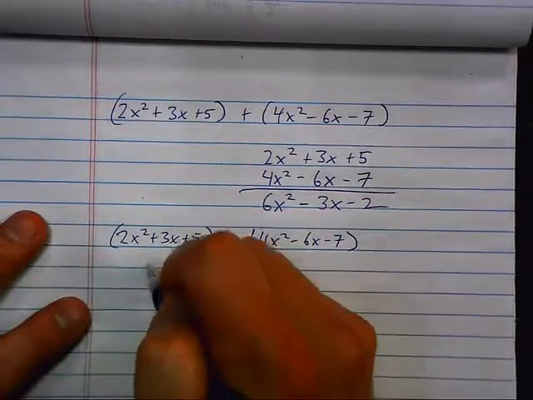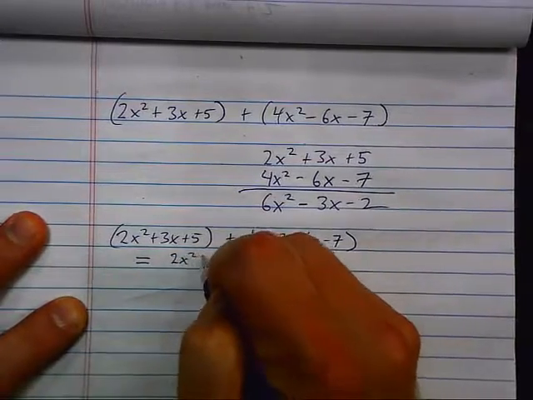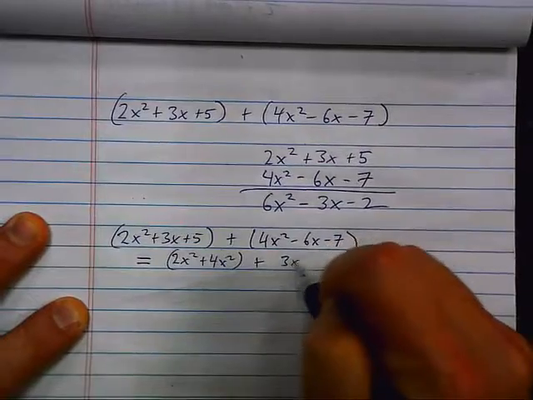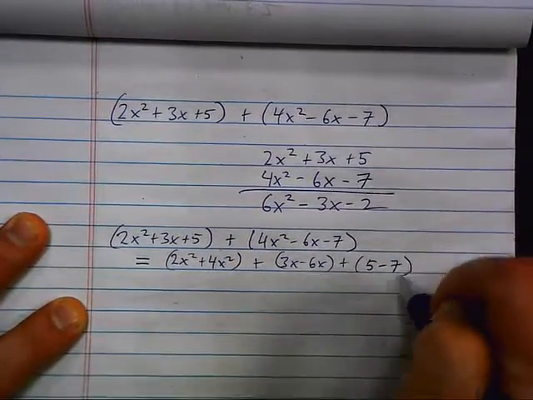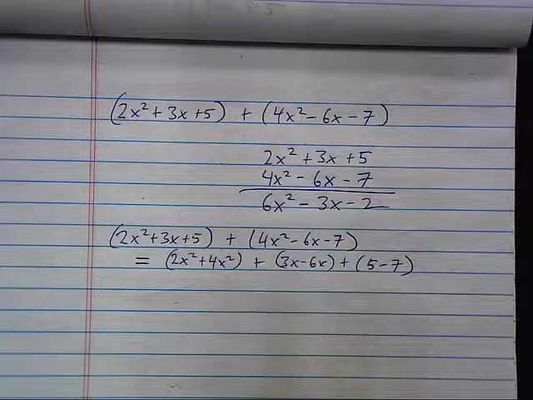And then really what we're doing is we're using the commutative property to do this. We're switching the order around. And that's what we do when we write it vertically. We really switch the order around.